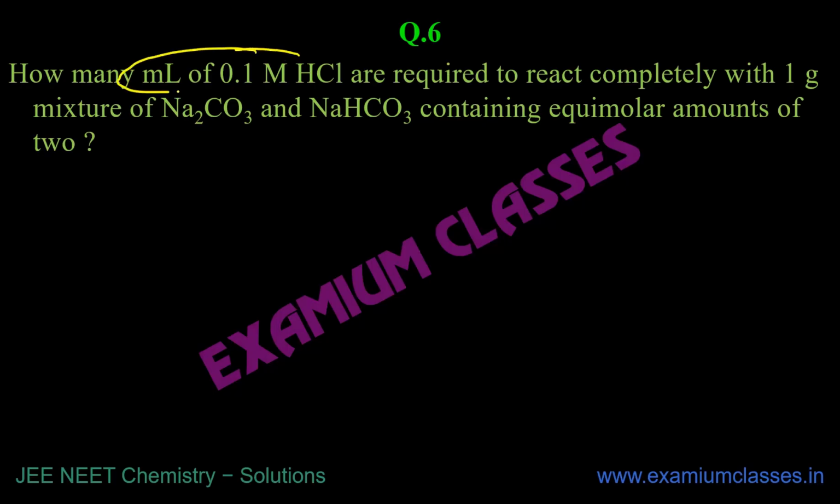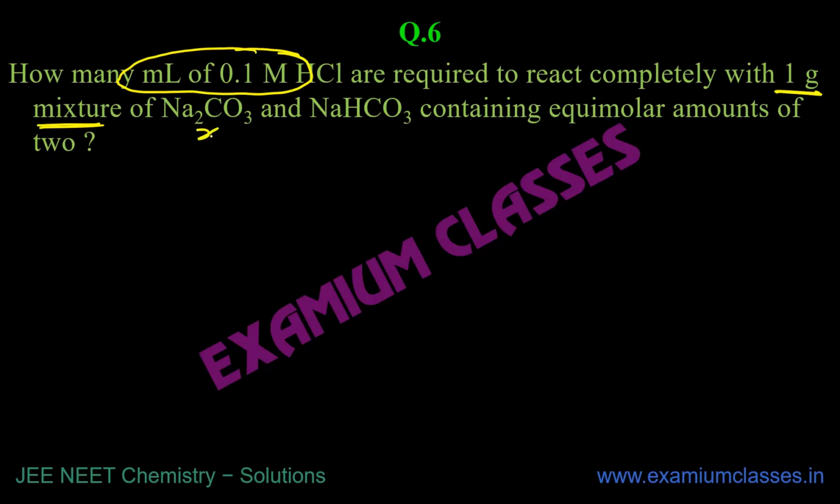What is this product? Whenever we multiply the molarity with volume, what do we get? Moles. Yes, good. Number of moles, right? Kasak, yes, equimolar means equal moles, so we will be equating moles. That's good observation, right? Are required to react completely with 1 gram mixture. So mixture total is 1 gram.